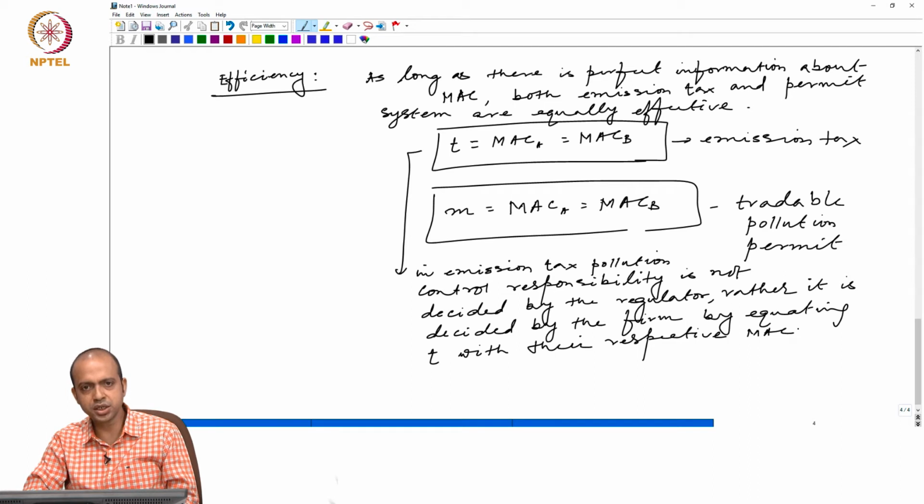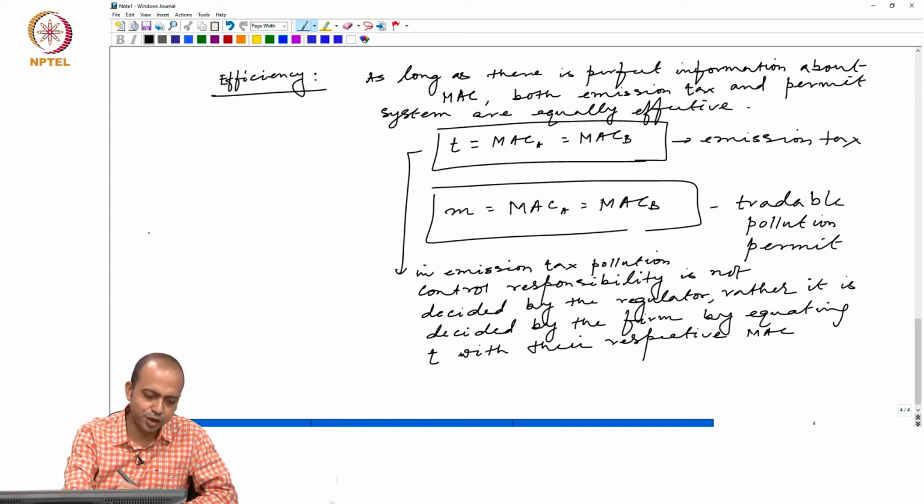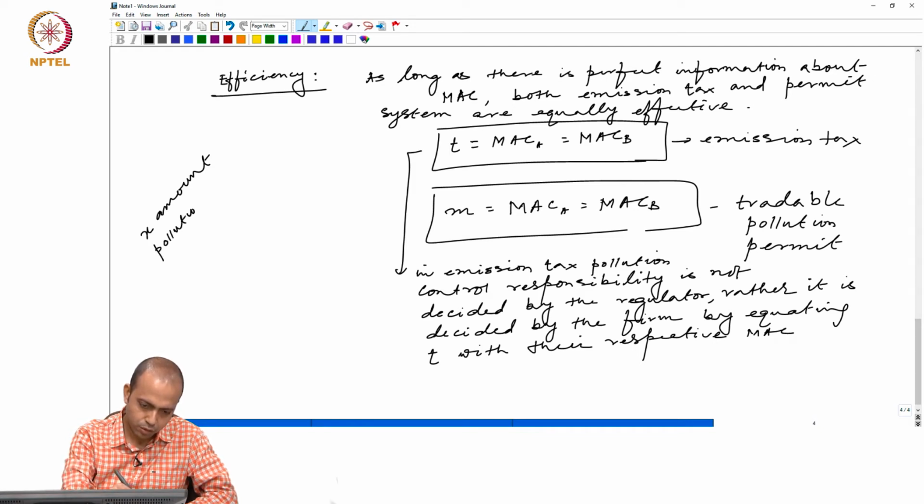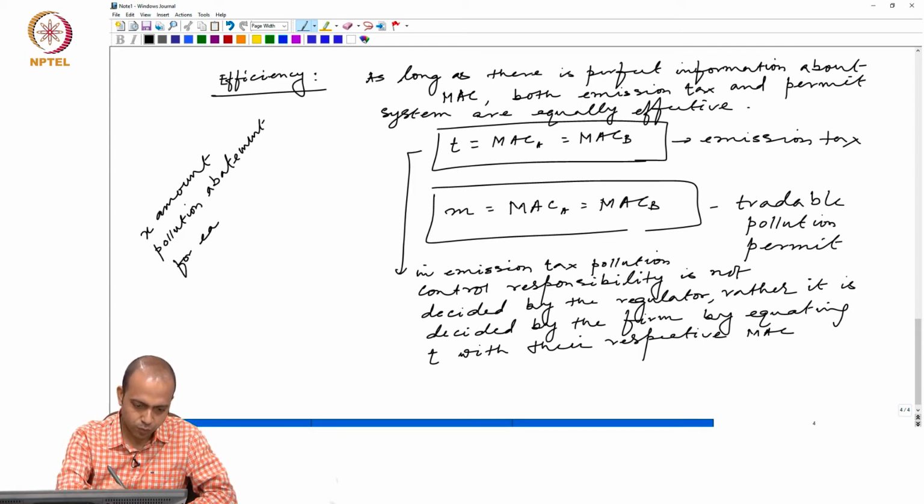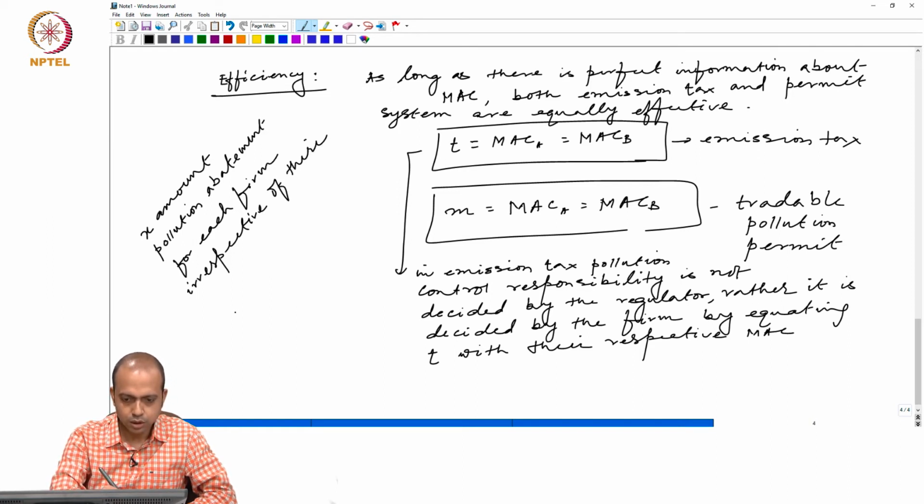That means the regulator is asking each and every firm in that industry that everyone should control X amount of pollution abatement, X amount of pollution abatement for each firm, irrespective of their marginal cost of abatement. If that is the case, that is called uniform standard.